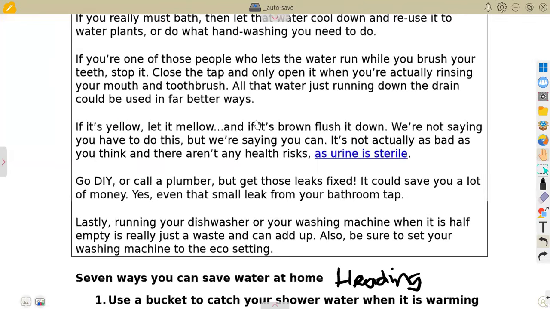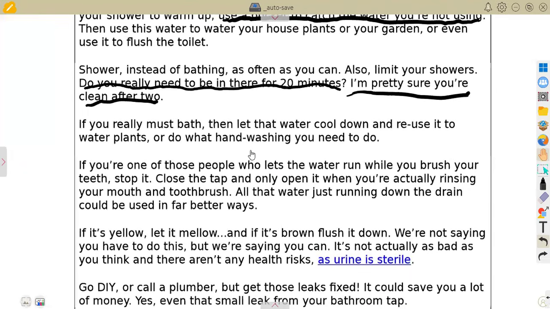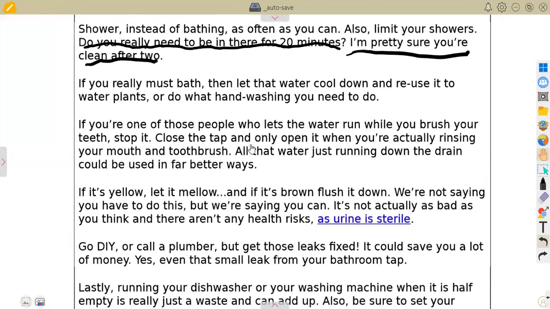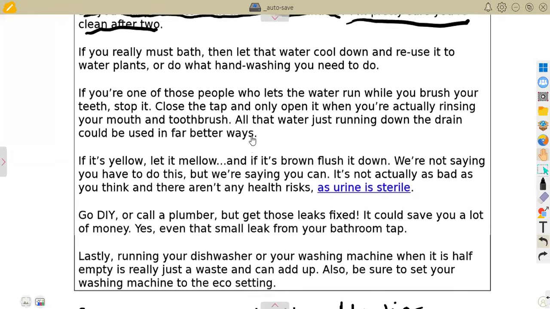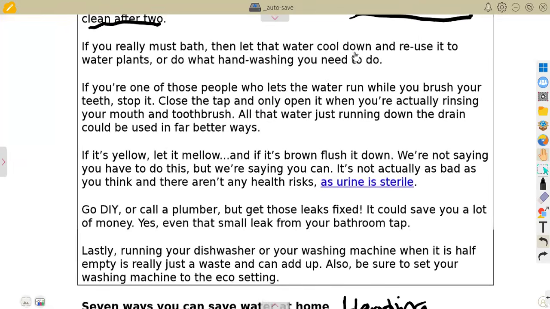I want us to go also to this question paper at the top there. You can see they are saying you ensure that you close your tap and not only open it when you are actually rinsing your mouth and the toothbrush. And we can see that all these points that we are talking about, they are there. They say here, reuse it, water plants, or do whatever hand washing you need to do.